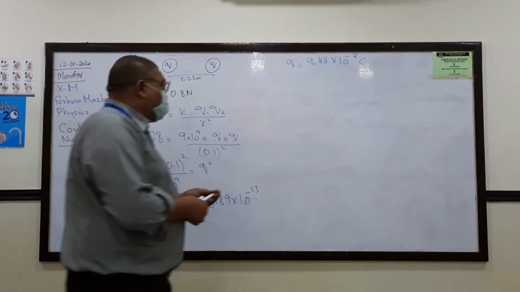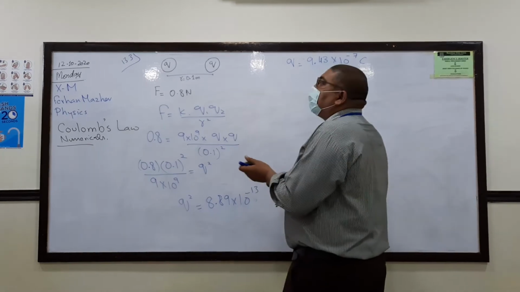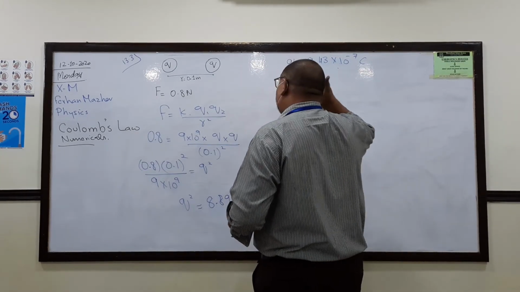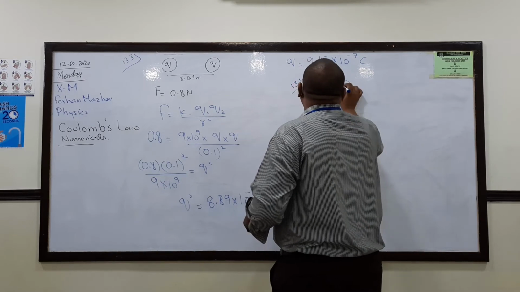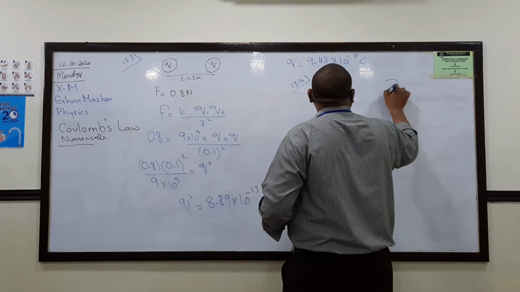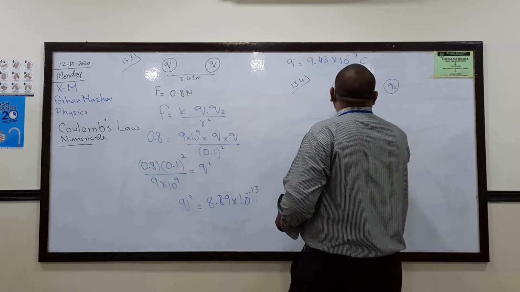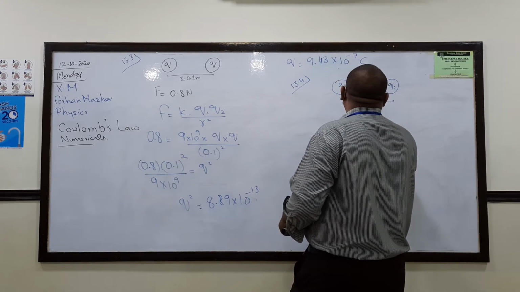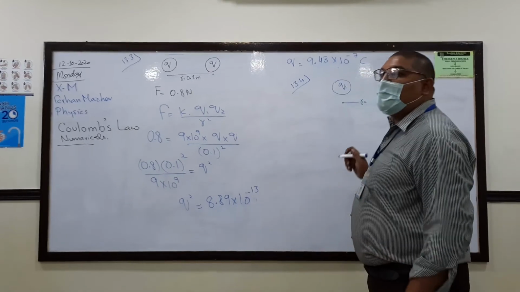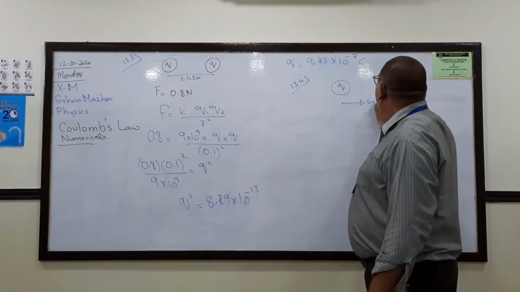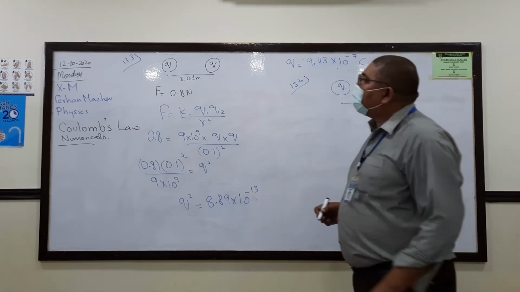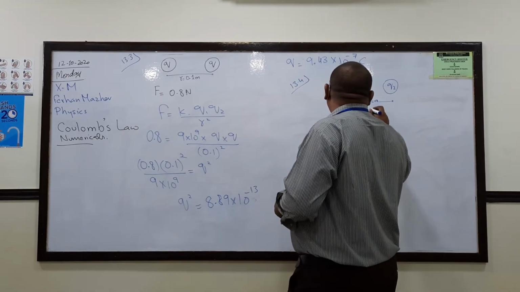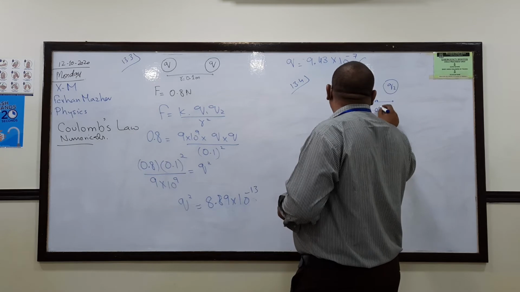Now I'm talking about 13.4, and he says two charges, they are not identical. One is Q1, the other one is Q2. The distance between them is 5 centimeters. So convert this 5 centimeter into meter, so it will be 0.05 meter.